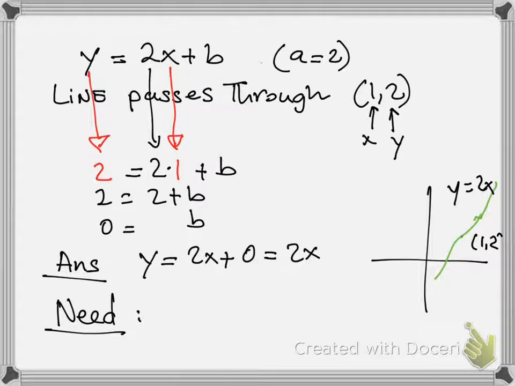We need the slope and a point. Once you have the slope and the point of the line, then you can compute the equation of the line.